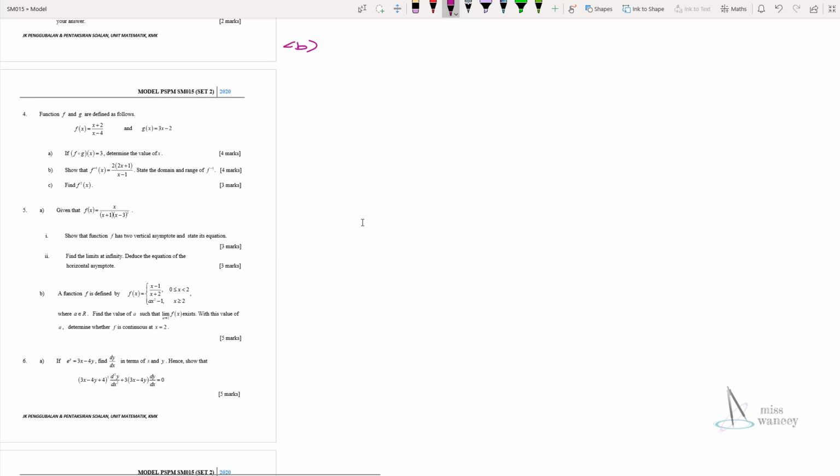So number 4b. Okay, so f(x) is equal to (x plus 2) over (x minus 4). So I'm going to do f composite with f inverse, and this is equal to x. So (f inverse of x plus 2) over (f inverse of x minus 4) equal to x.